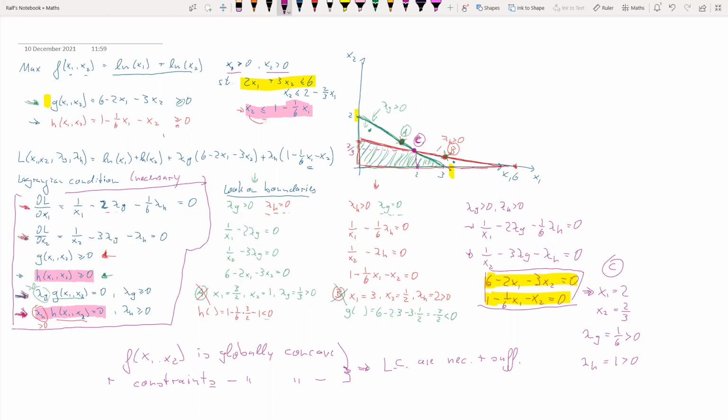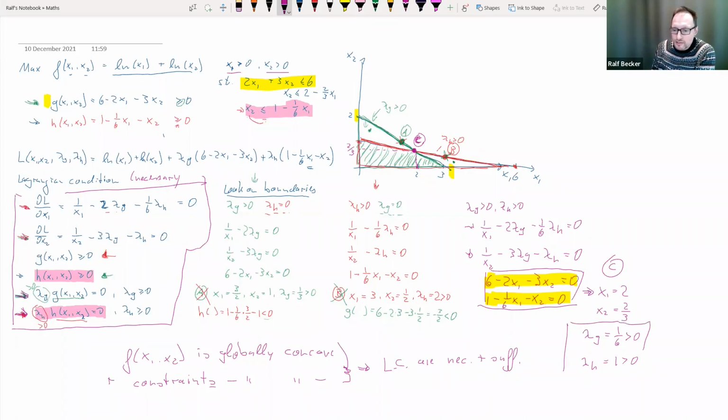So if they equate the two constraints to find the intersection point, why are we going through this procedure instead? Yes, to find point C. Why are we not just equating the two constraints, because that's the intersection point of the two? That's right. That's exactly what is done here.